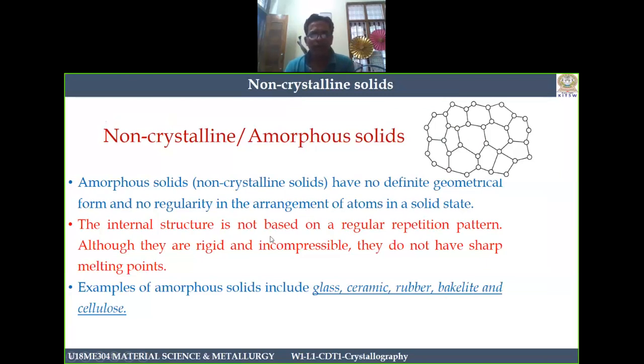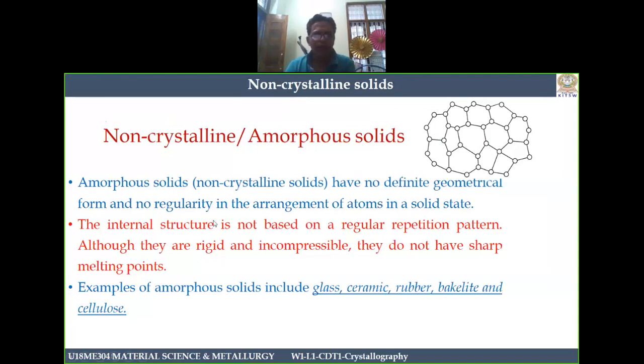The internal structure is not based on a regular repetition of the pattern. Although they are rigid and incompressible, they do not have sharp melting points, whereas in crystalline materials the melting point is sharp, that is, fixed, and for copper it is around 750 degrees centigrade.